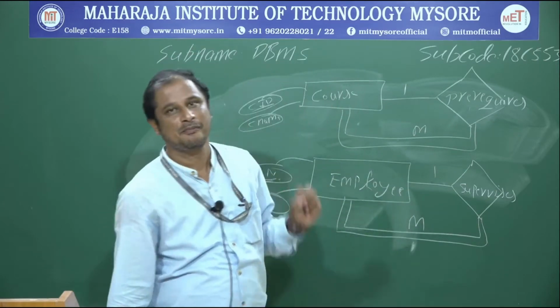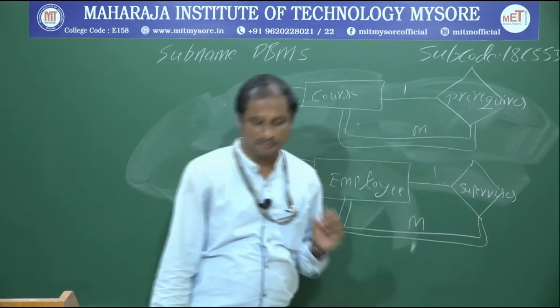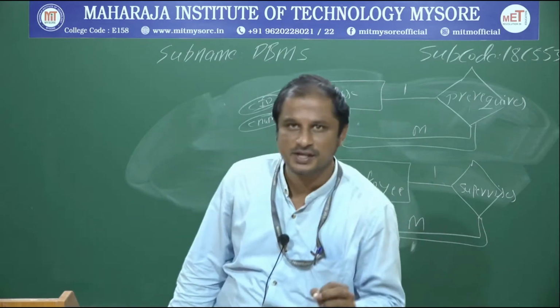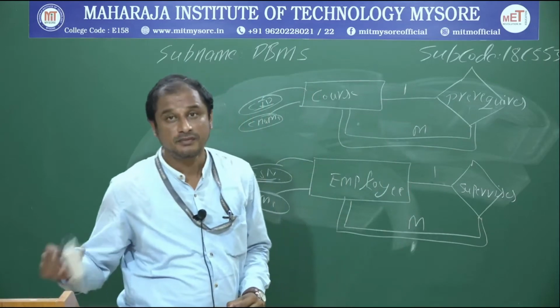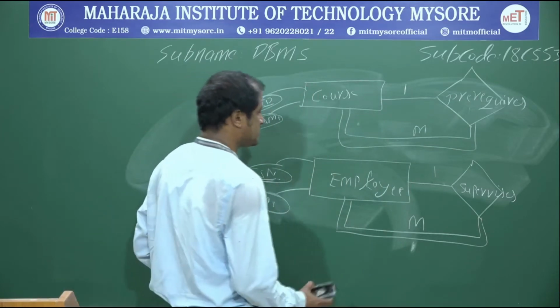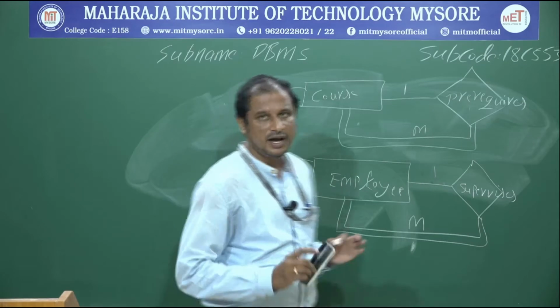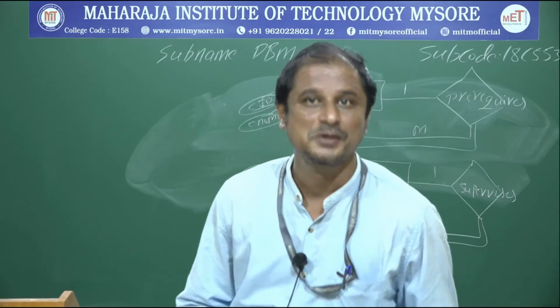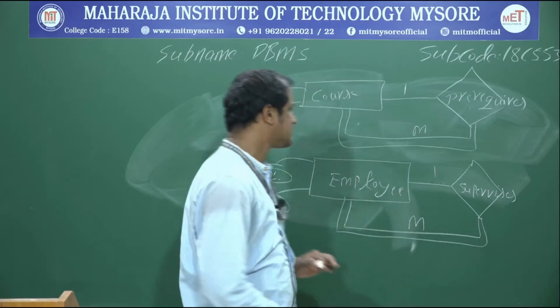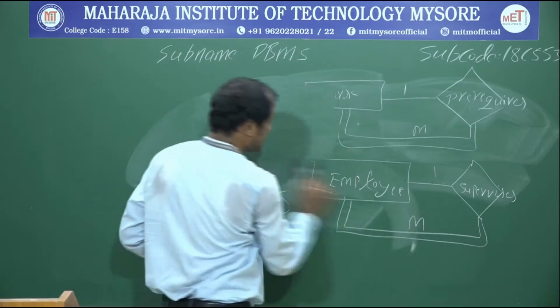So one course prerequires many courses. So this is called a recursive relationship.